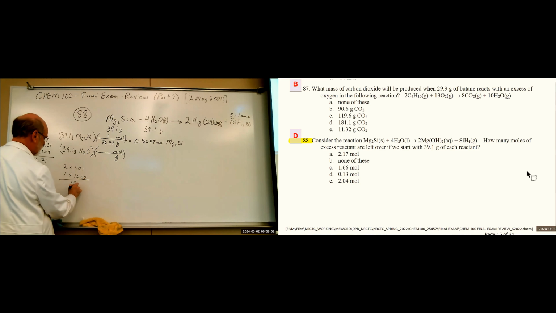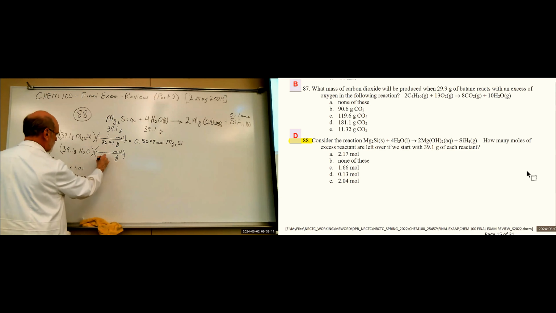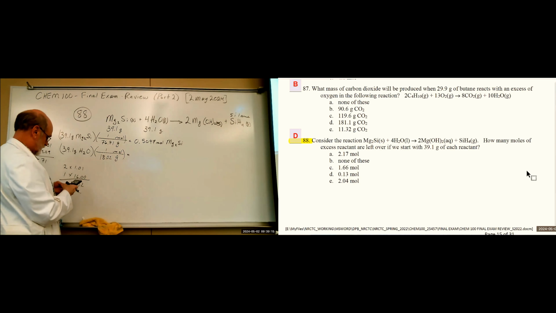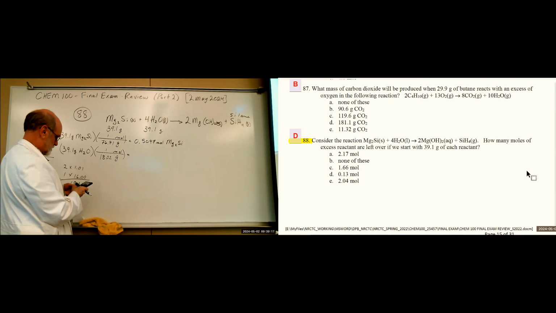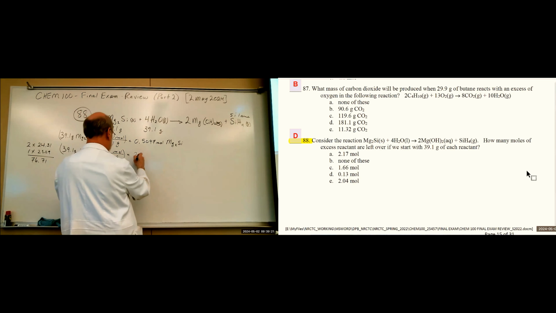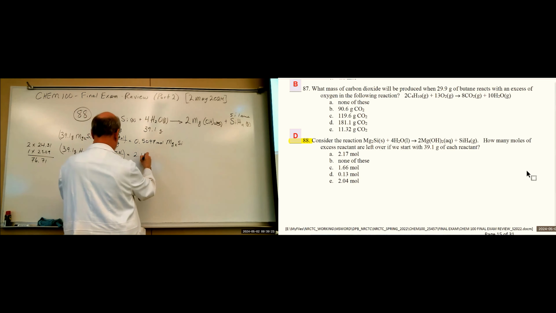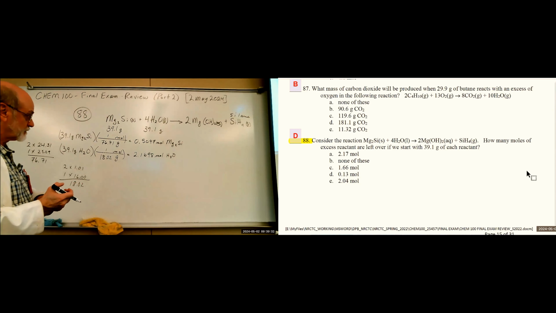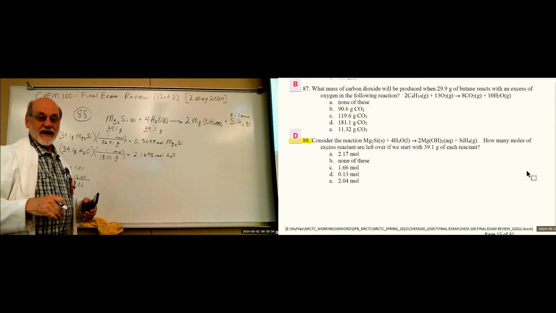And that's 18.02 grams per mole. Divide that into 39.1. And I get 2.1698 moles of water.